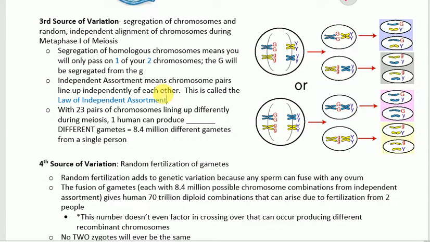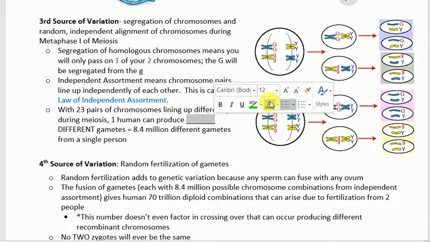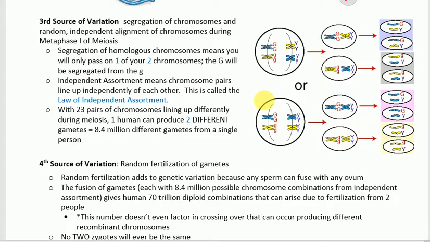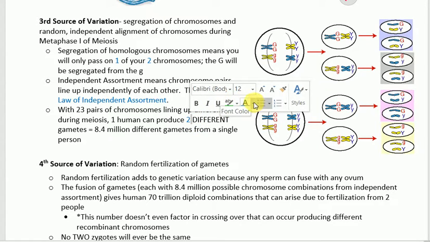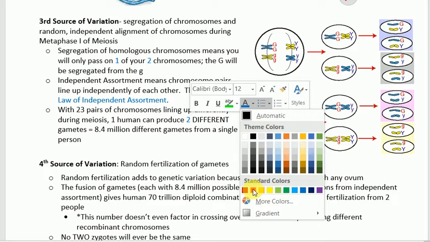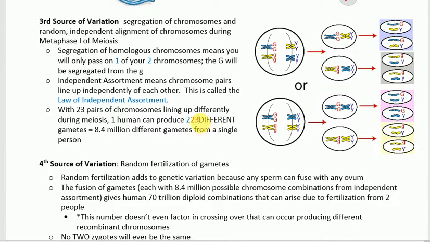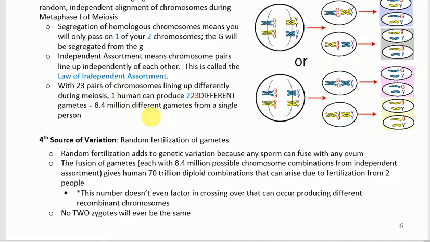So with 23 pairs of chromosomes all lining up differently during that meiosis, one human has the ability to produce 2 to the 23rd different gametes. I can't do that exponent, so I'm just going to change colors here so you know, 2 to the 23rd. So that means 8.4 million different gametes from a single person. That's how many possibilities there are.